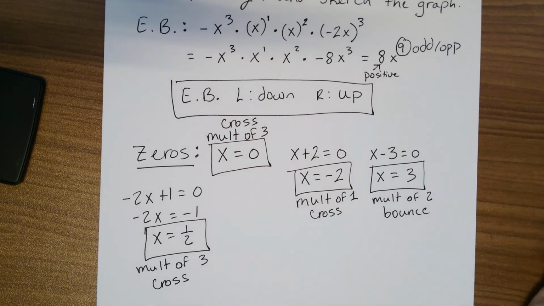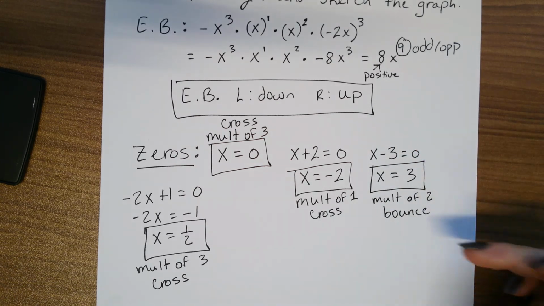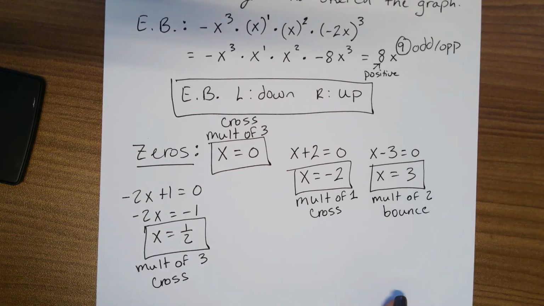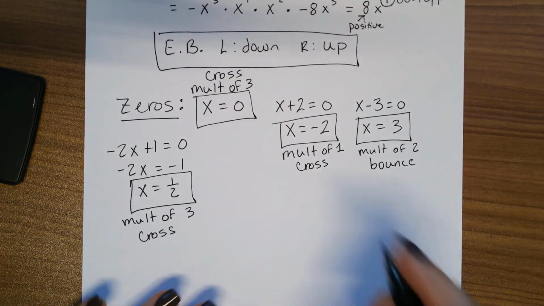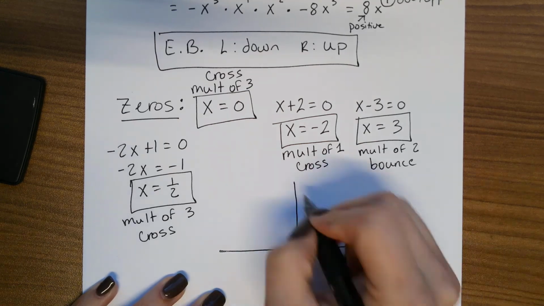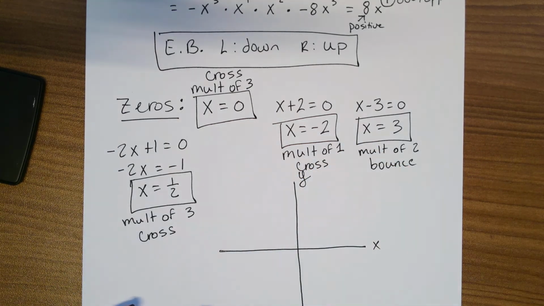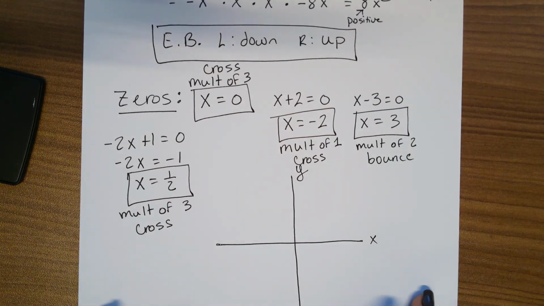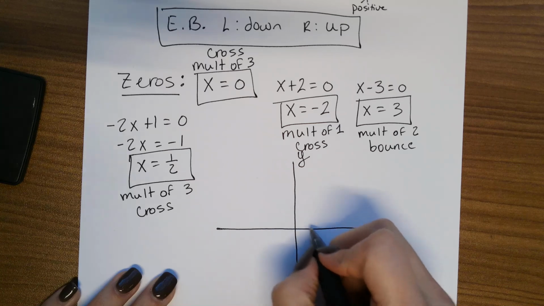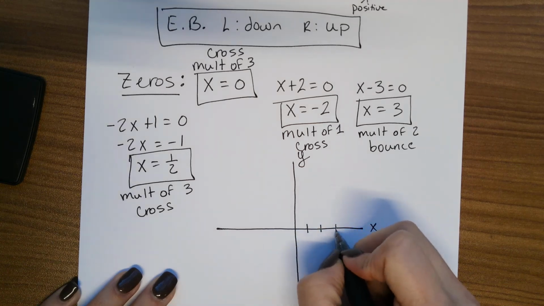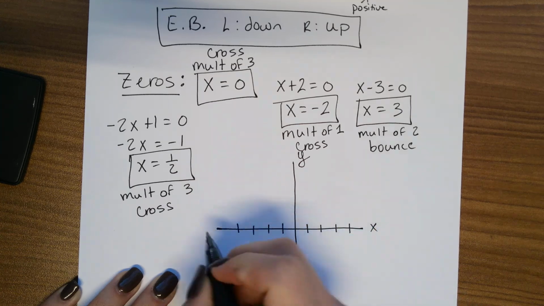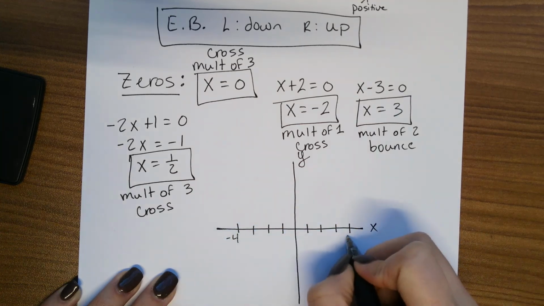So I have my end behaviors, I have my zeros, I have my multiplicities that tell me whether I cross or bounce. And so now I can actually sketch the graph. It's my x-axis, my y-axis, and I'm going to plot all of my x-intercepts and indicate what happens at each point. Let me get some numbers on here. So I have negative 4, and this is positive 4.